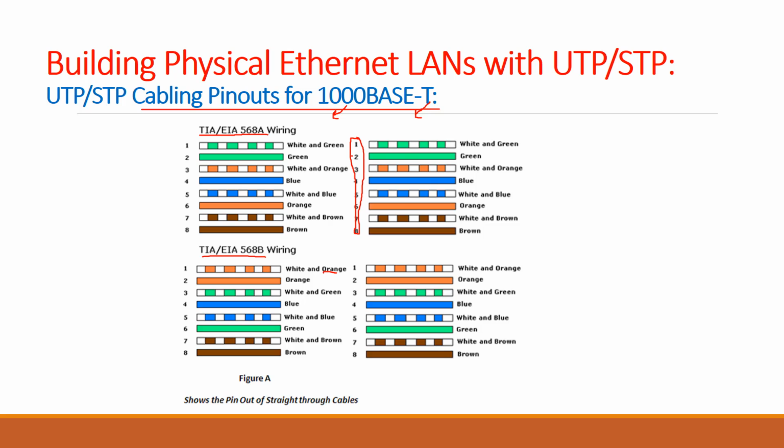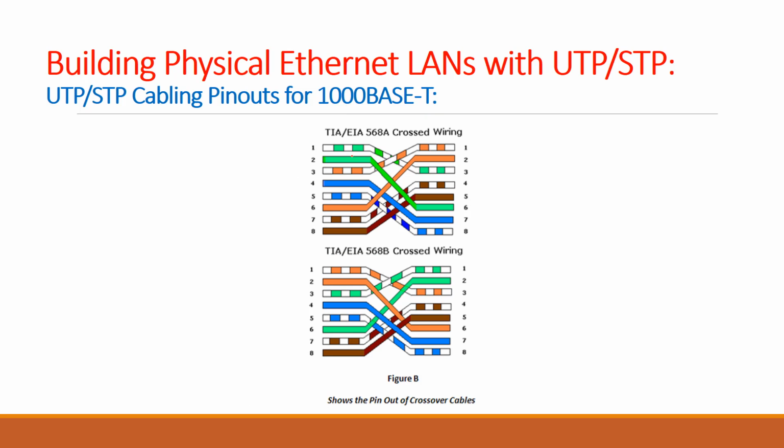This is for the straight through cables. For crossover, you will connect 1 here to 3, 2 here to 6, 3 here to 1, 6 here to 2, and similarly 4 here to 7, 5 here to 8, 7 here to 4, 8 here to 5. This is for crossover cable for 1000 base T.